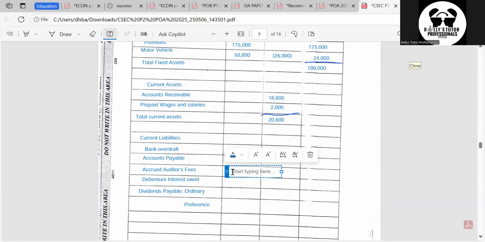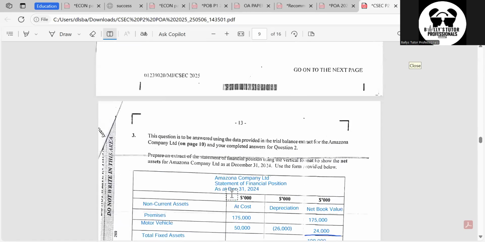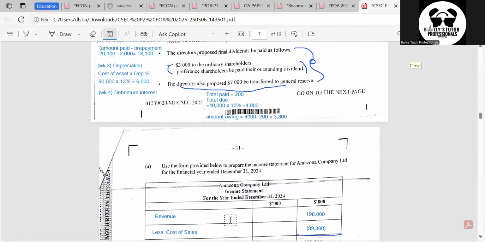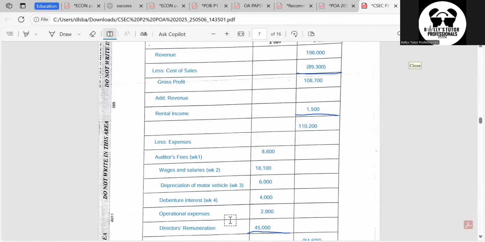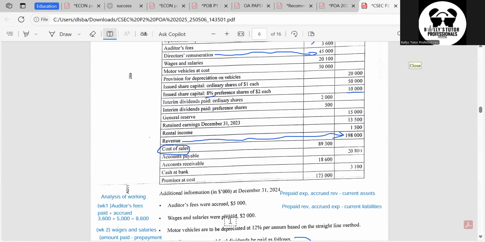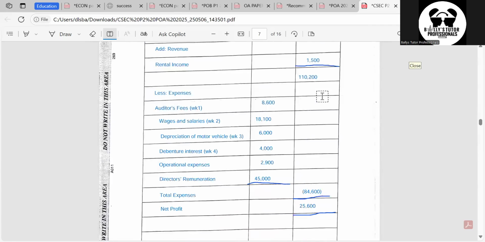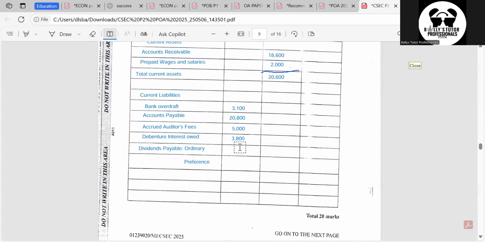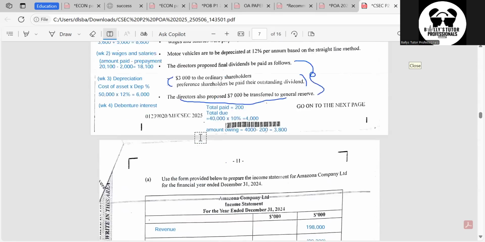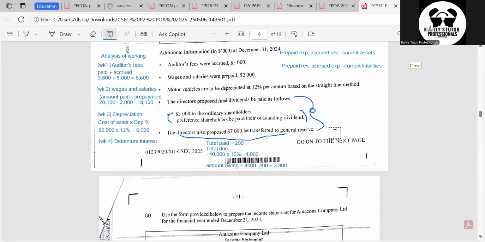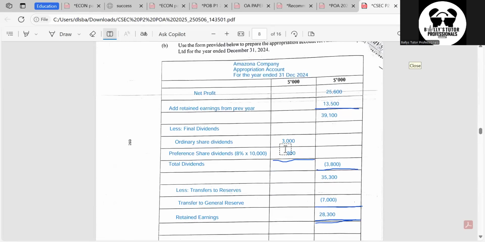The debenture interest owed: 200 was paid, and we were supposed to pay 4,000, so we're still owing 3,800. The ordinary shares dividends were 3,000 in total, you only paid 2,000, so we owe 1,000. The preference share dividends are 800 in all, and we only paid 500, so we are still owing 300.